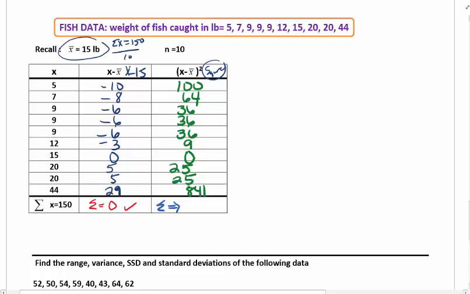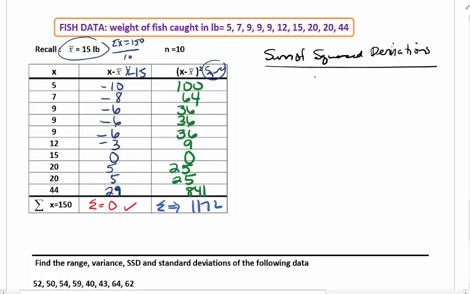when we add them up, use your calculator, double check what you typed into your calculator. So I want you to be clear on what you just got. The sum of the squared deviations is what we just got, the 1172.